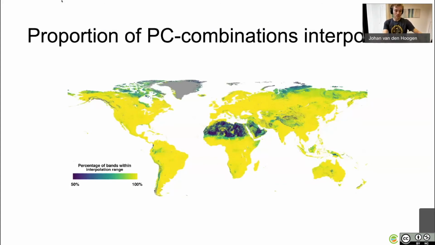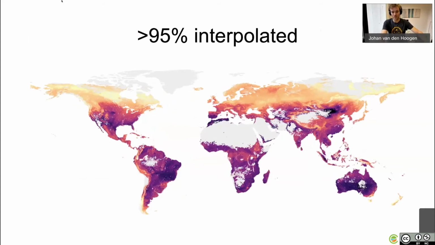Both of these interpolation versus extrapolation assessments are fairly quick in Google Earth Engine. It takes about 15 to 30 minutes to compute these, and we find them very useful to highlight regions where our models are less accurate or less trustworthy, if you want. Again, this map can then be used to mask out pixels in regions that are more extrapolated.